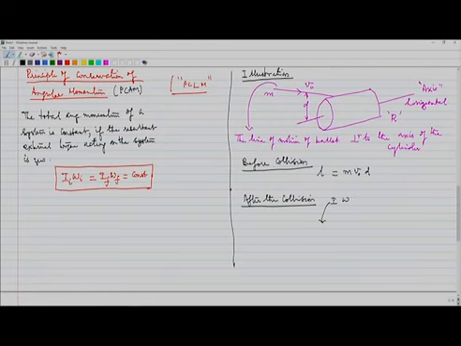I is nothing but I of the solid cylinder plus I of the projectile, because the projectile got itself embedded onto the cylinder, and this times omega. Okay, I will call it L final. Therefore, now we can equate these two.